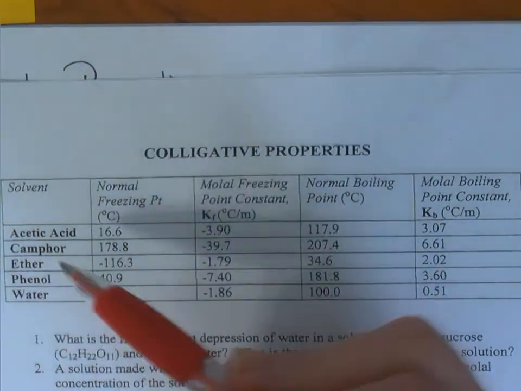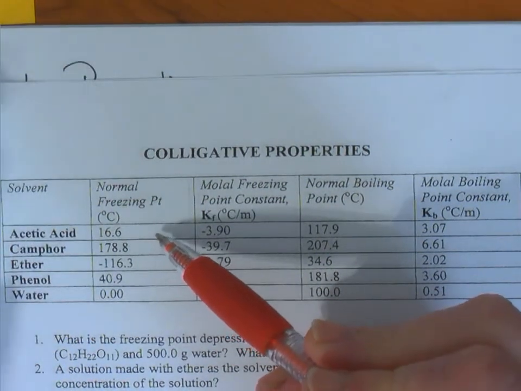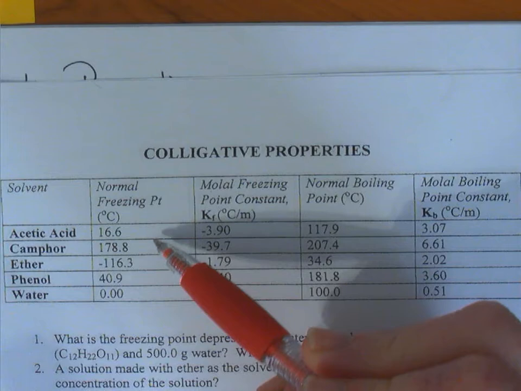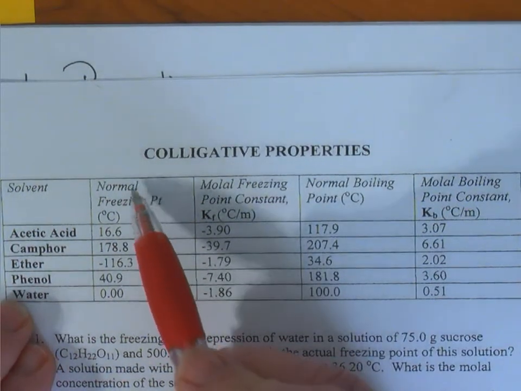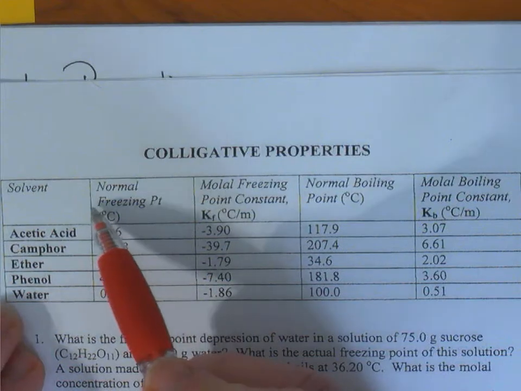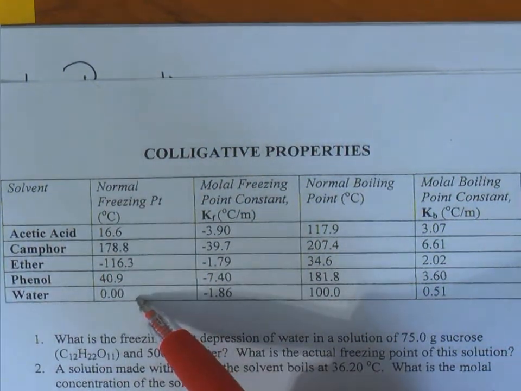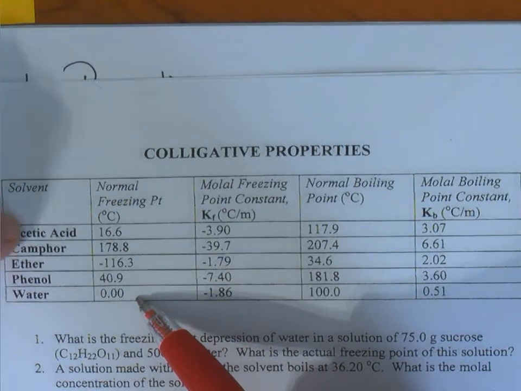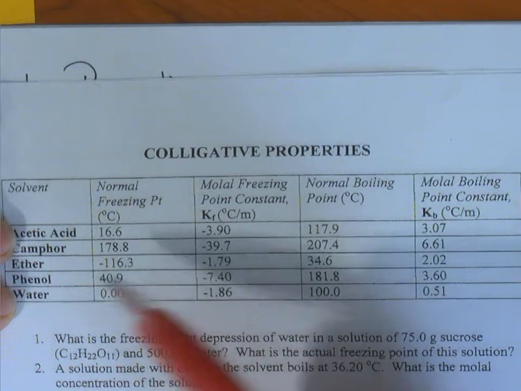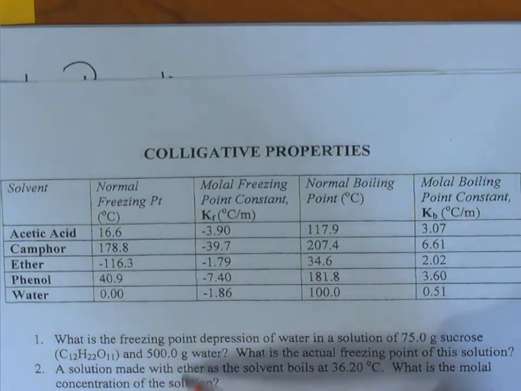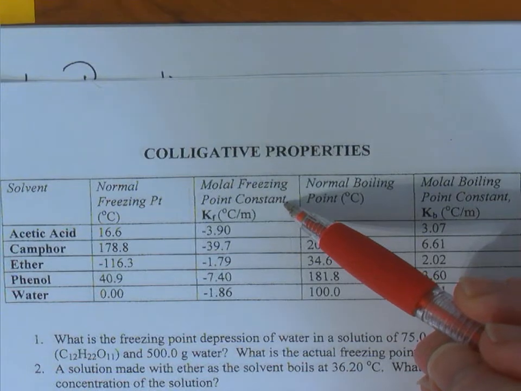I'm identifying solvents. We don't expect you to know any. Normal, remember, that means freezing at 1 atmosphere. So the freezing point of pure solvent, the only one you're expected to know, of course, is water. So these are other solvents. We're going to give you the freezing point of the pure solvent. Here is this molal freezing point constant.